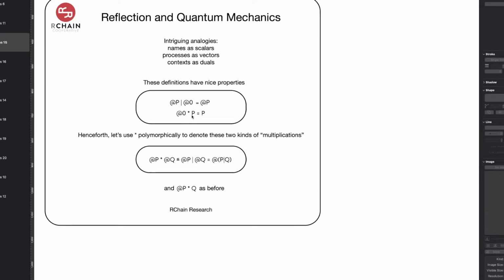Does that make sense? Yes, basically, whatever free names are in P, if we substitute together with 0, we get the same thing. Yes, exactly. Right. So therefore, let's think of this operator as a kind of multiplication. So this is multiplying scalars, right? And this is multiplying a scalar times a vector. So now we get a polymorphic multiplication, just like in ordinary linear algebra.